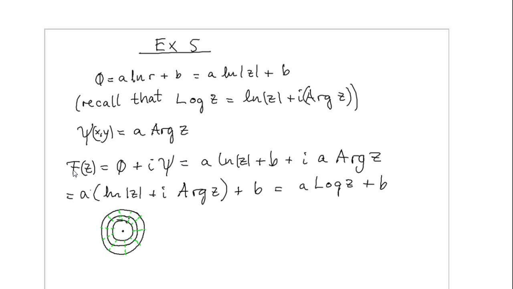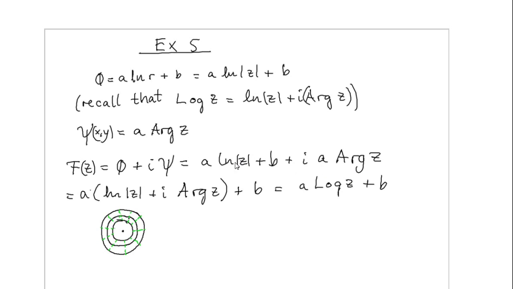So now we find the complex potential as this phi, which we know, plus this harmonic conjugate, which we also know. Then we just substitute these expressions. Here we have the function phi, and here we have the harmonic conjugate.